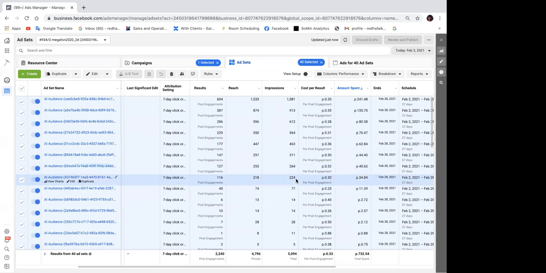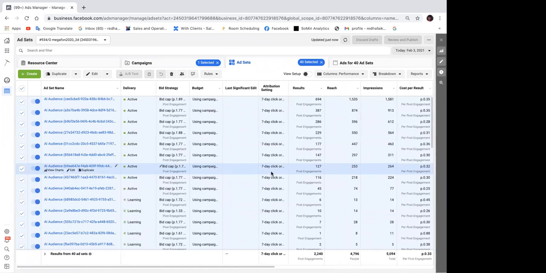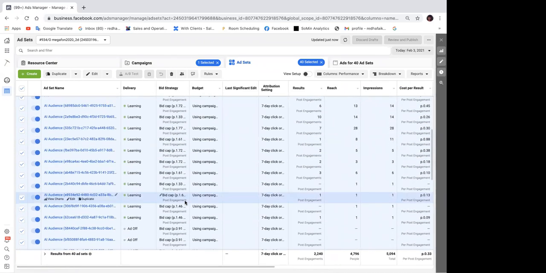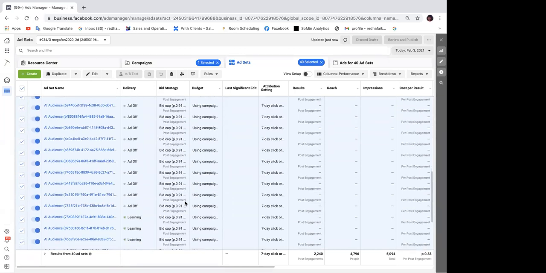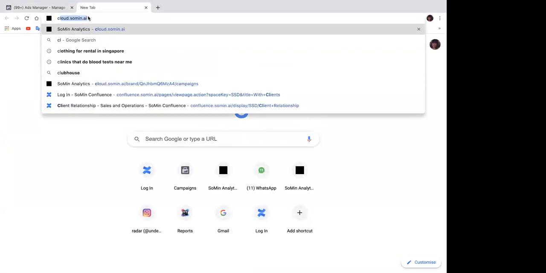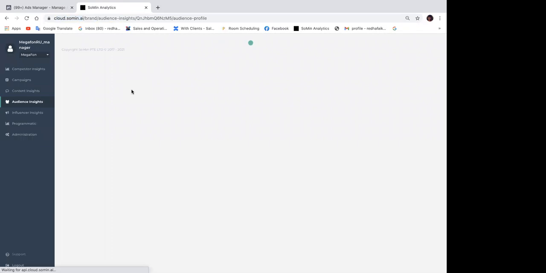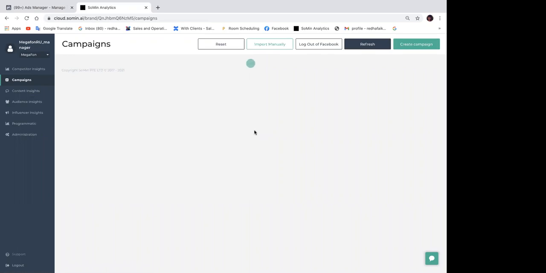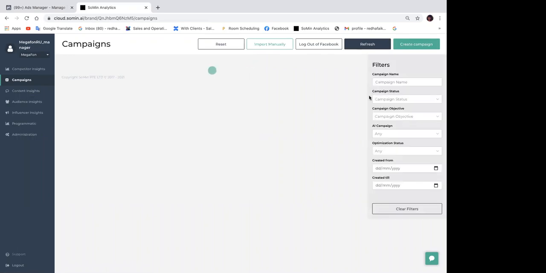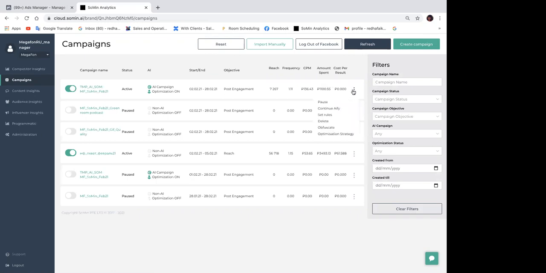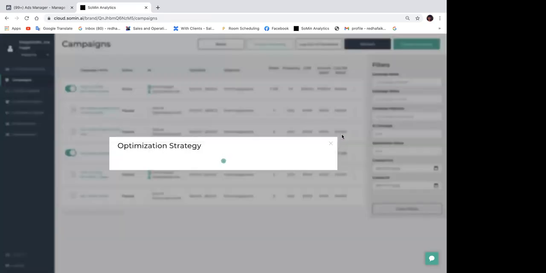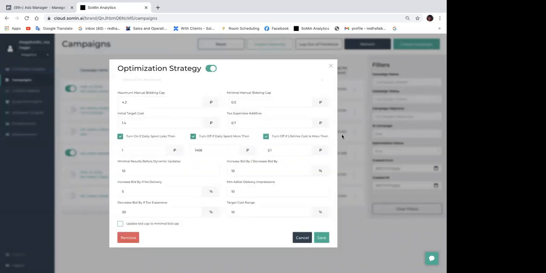Do you remember in the platform we set up our initial target cost as what number? Can you go to the platform and check? Just open a tab and check. $1.4 initial target cost.